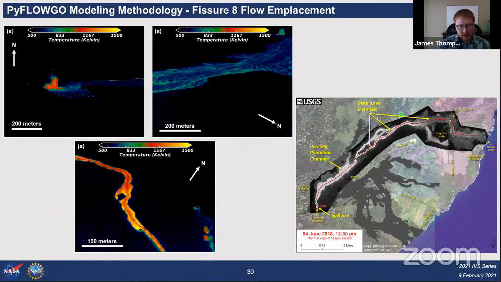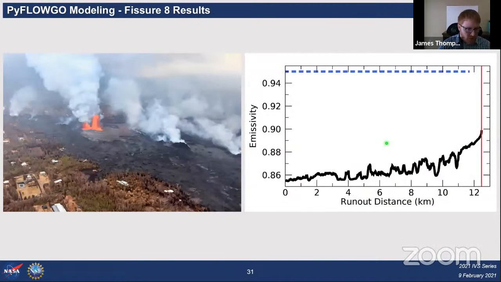And then here is a thermal map produced by USGS, and I've overlain in red here the central channel that I'm trying to model in these results. And so here are the results with respect to emissivity.